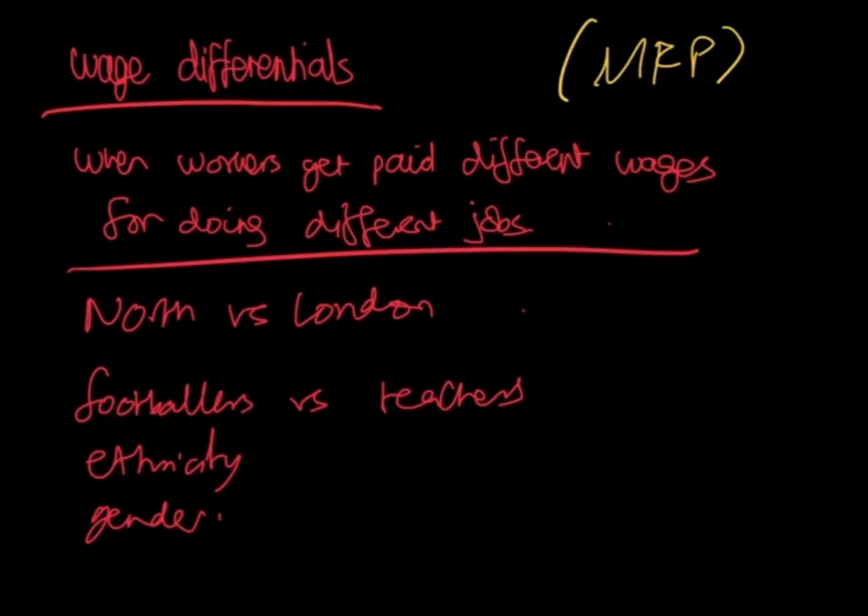Which one are you talking about? Ethnicity or gender? Well, I think I actually read in class about the fact that women are more likely to take hours off of work for children and that sort of stuff. Does that affect your MRP? Yeah, it would lower it, right?